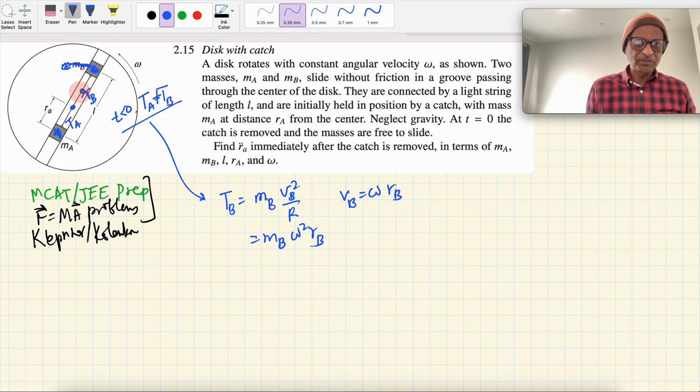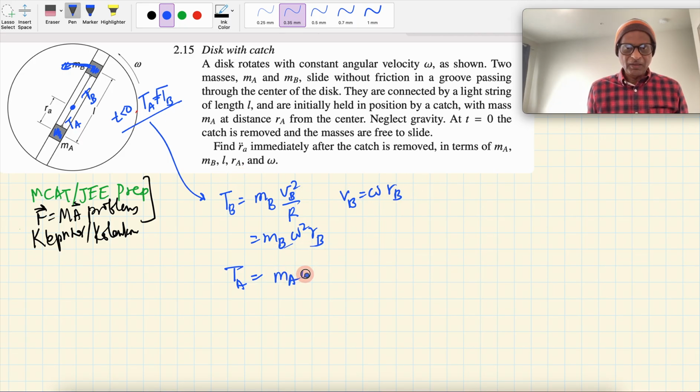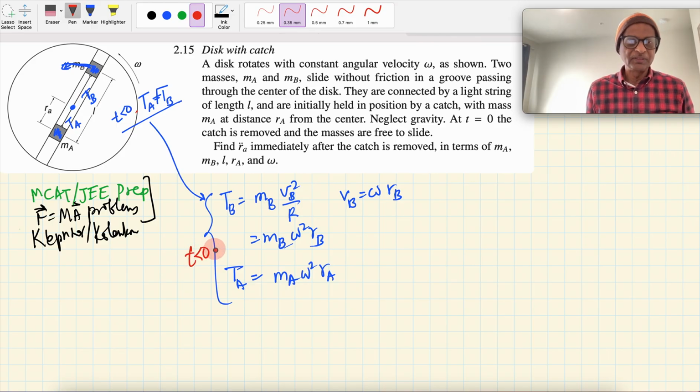That's the tension on this side. And the tension on the A side, you're going to go exactly the same way: MA omega squared RA. And depending on what the masses are, they can be different. So TA doesn't have to equal TB. And this is the situation for t less than 0.